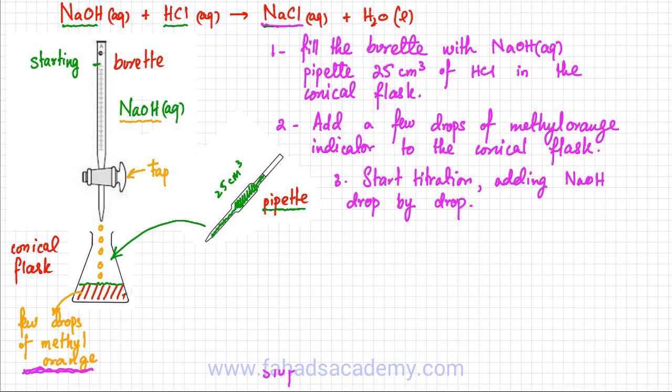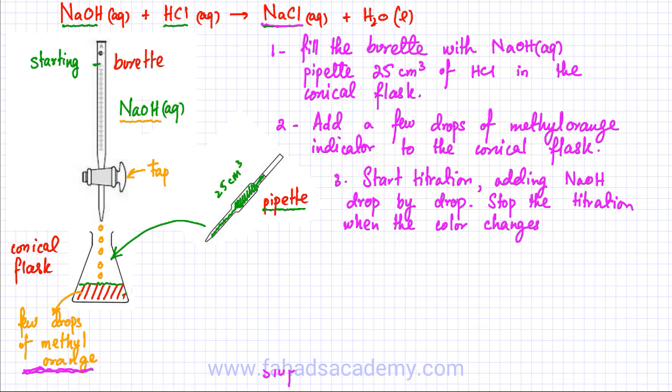And once you've started, the indicator is going to change color. Since it's acidic at the beginning and it's going to become alkaline when excess NaOH is added, the color changes. So you're going to stop the titration when the color changes.